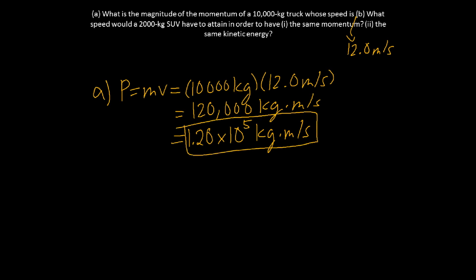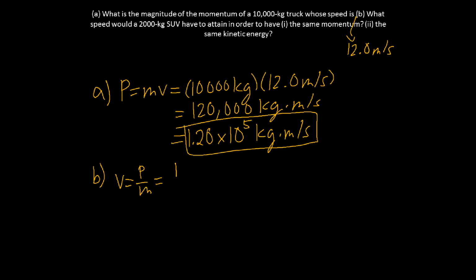Now let's solve for letter B. So we're asked to find the speed that the 2,000 kilogram SUV should achieve in order to have the same momentum and the same kinetic energy. So first, we will use this formula again, but we're going to solve for V. Solving for V will give us P divided by M. Okay, and then the momentum, which is what we will substitute in letter P, will be equal to the momentum of the 10,000 kilogram truck.